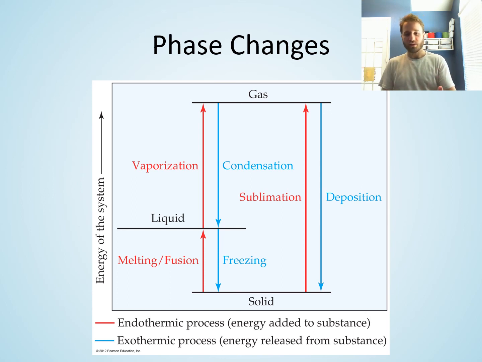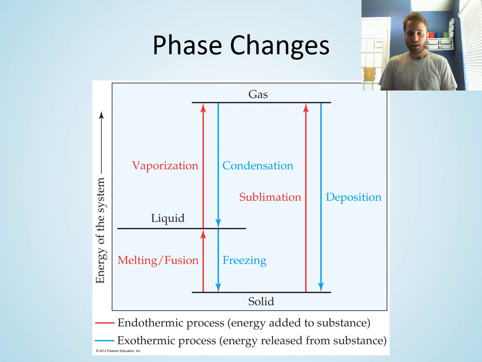Here, the red lines are marked as endothermic processes. It takes energy to go from a solid to a liquid or liquid to a gas, because you're having to break up intermolecular forces that exist between molecules, and you're having to increase the kinetic energy in your system to get these things to break apart to eventually go to the gas phase.